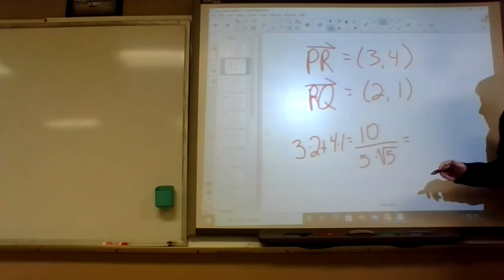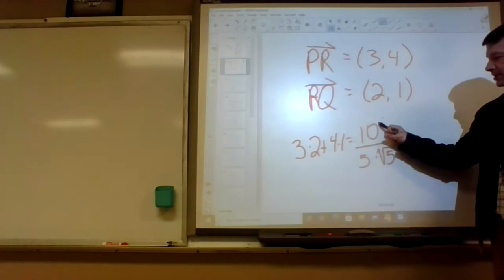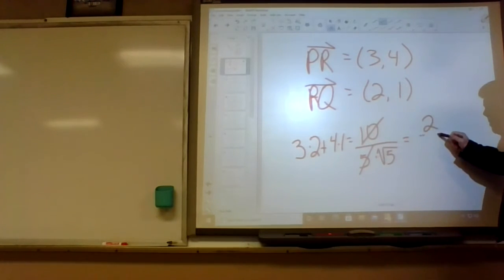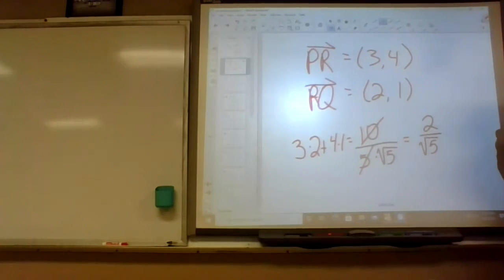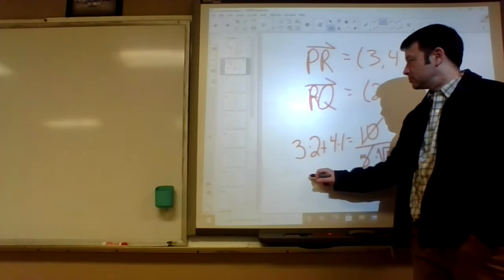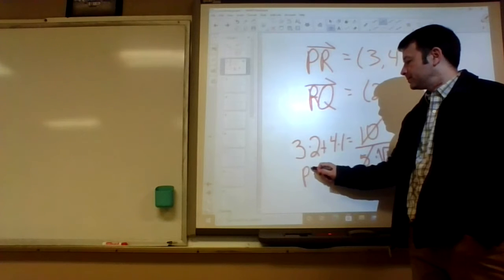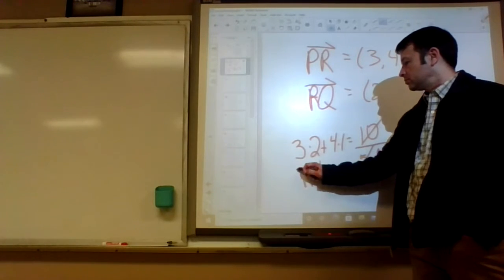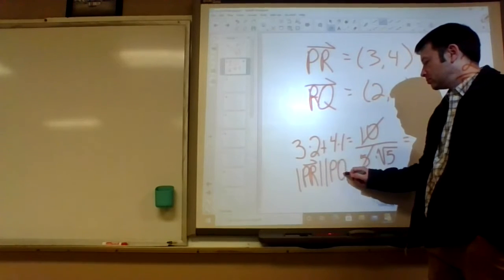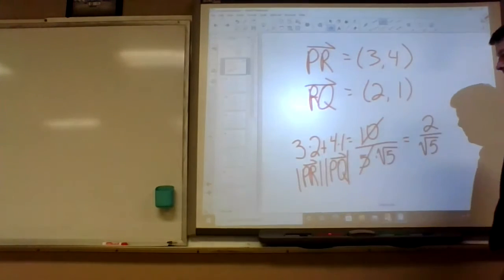And then this reduces, 10 divided by 5, 2, so it's 2 over square root of 5, and that's what we were trying to get to. I'll just put that there.